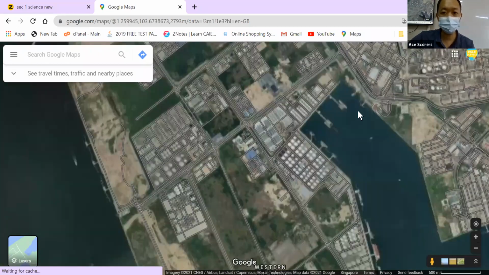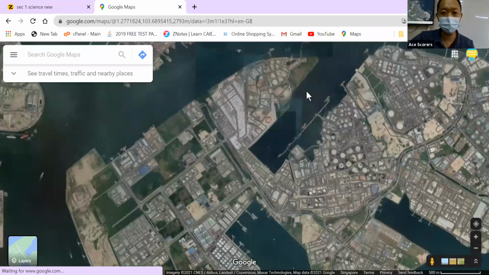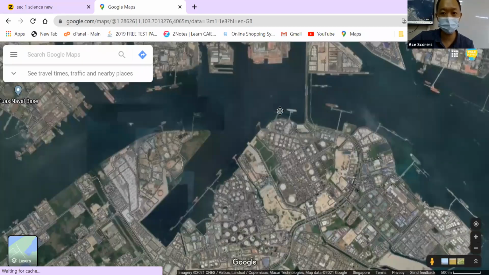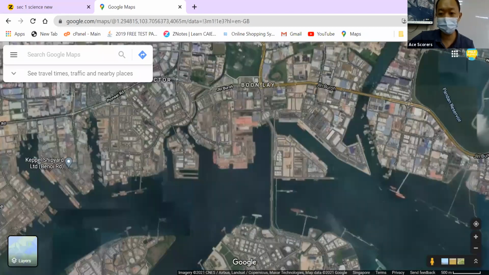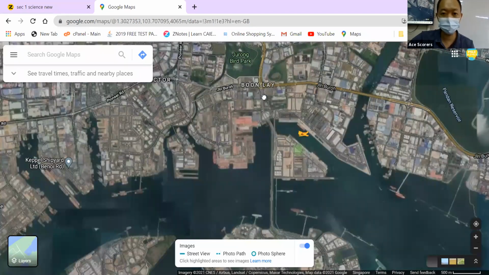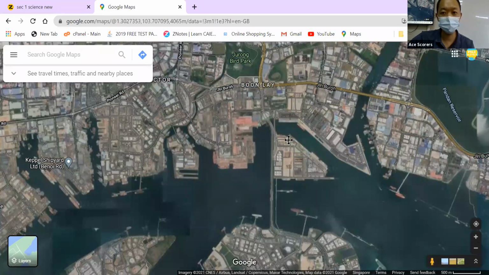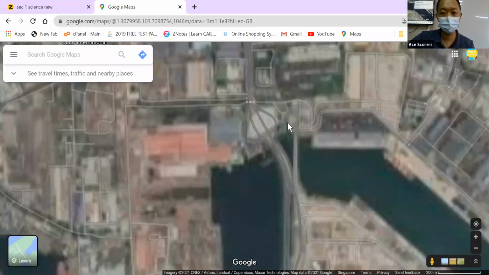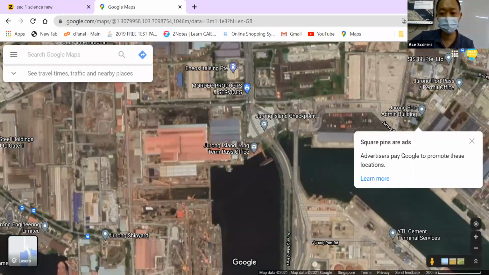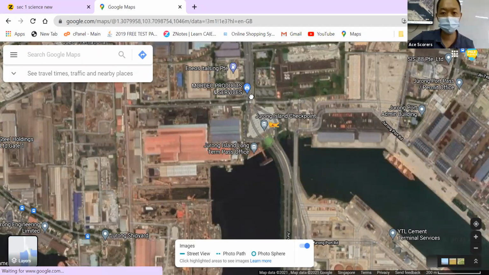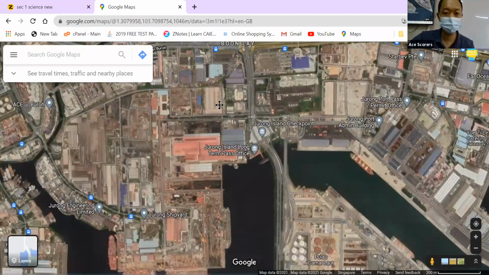But I think we can drop near there's a bridge. This is like the causeway from Boon Lay, which is Jurong. You can drop here? No, you cannot.